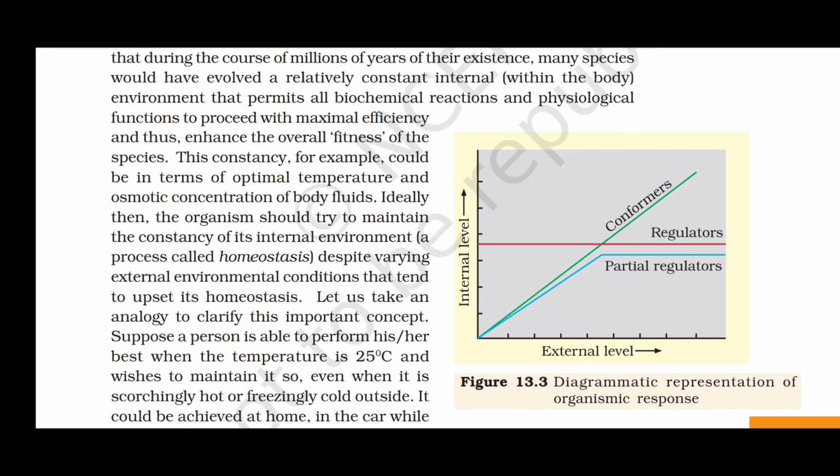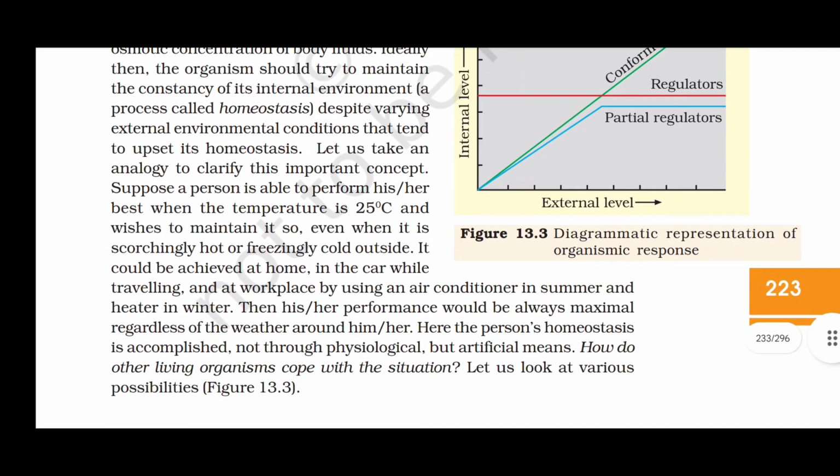Let us take an analogy to clarify this important concept. Suppose a person is able to perform his or her best when the temperature is 25 degrees Celsius and wishes to maintain it so, even when it is scorchingly hot or freezingly cold outside.